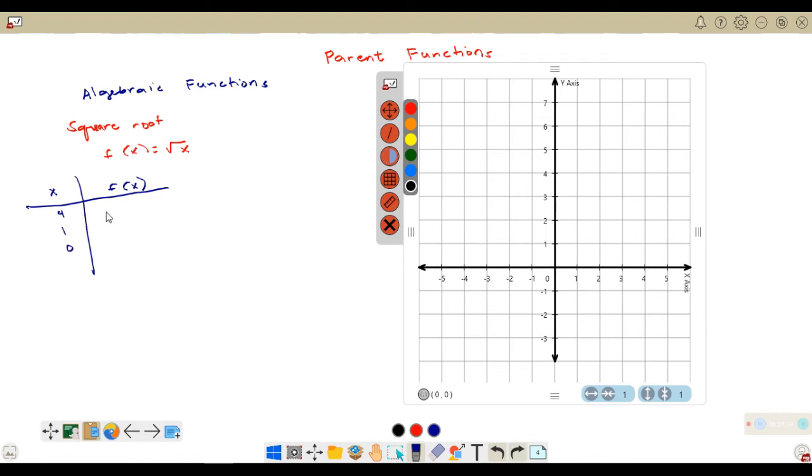Yan. For 4, dalawa yung ibibigay niya sa yung output. Pwede siyang maging positive 2, pwede rin siyang maging negative 2. For 1, pwede siyang maging positive 1, pwede siyang maging negative 1. For 0, 0 lang.